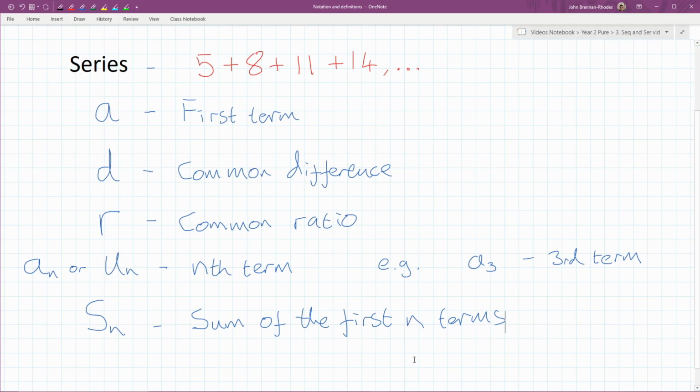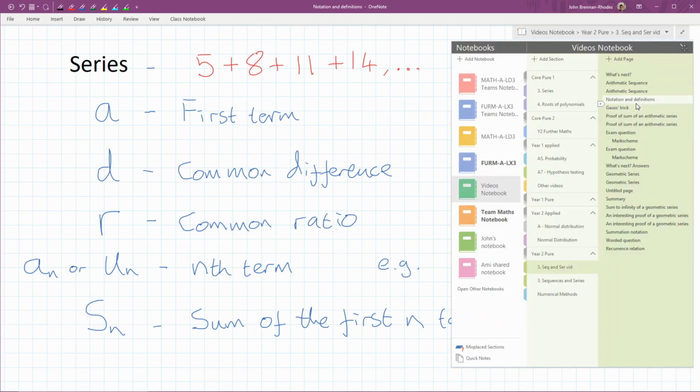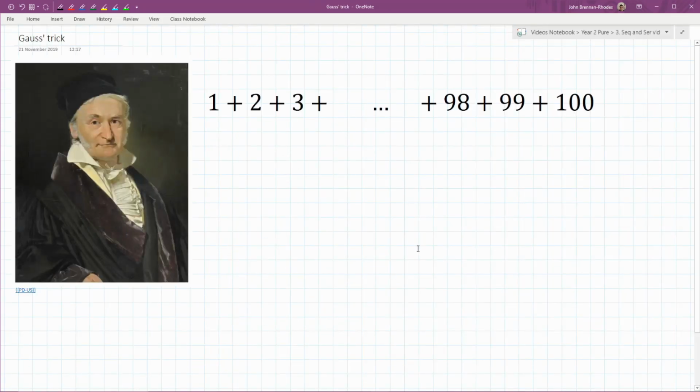Right, we're going to actually now think about summing up arithmetic terms. We're going to start with Carl Friedrich Gauss's trick for adding up the first 100 terms. He is very much one of the most famous mathematicians. Probably you've all heard of him before.